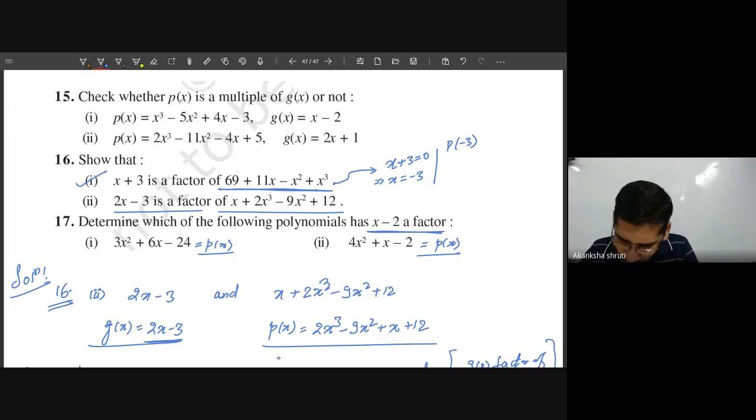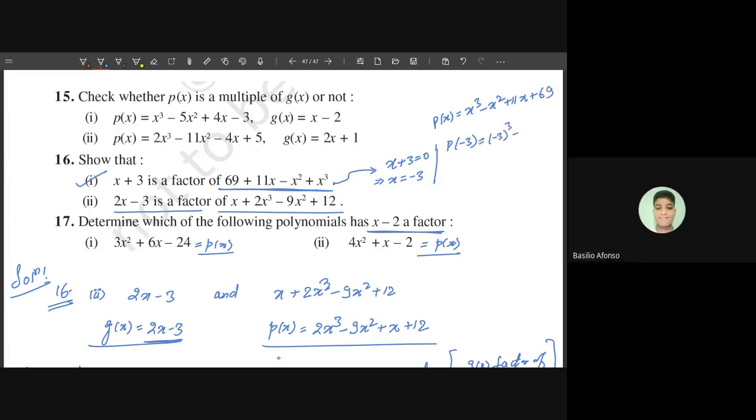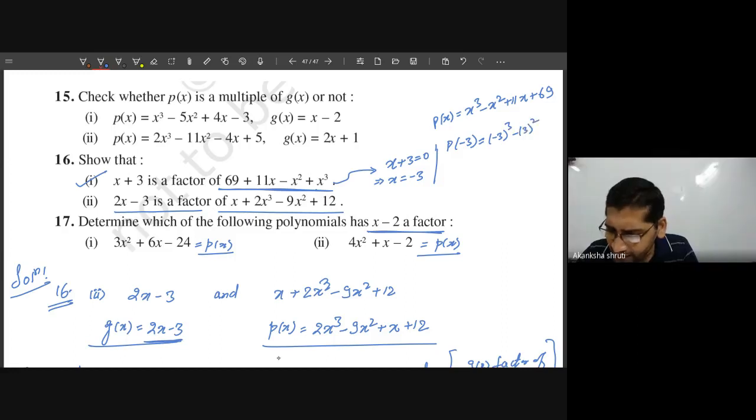So this is equals to 69 plus 11 into 3. वेरी गुड. यहां पे चाहिए था px को आप ऑर्डर में लिख लीजिए. इट इज आवर x cube minus of x square plus of 11x plus of 69. अब आपको यहाँ पे ये पुट करने हैं -3 का क्यूब, minus 3 cube, minus of 3 square, plus 11 into -3. Student, it is minus minus 3, yes, into minus of 3 plus of 69.